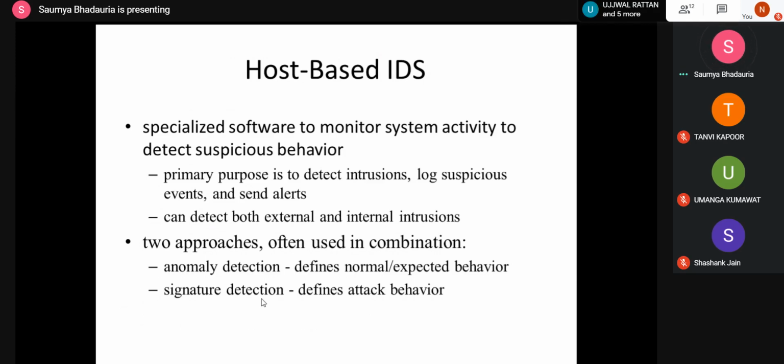Now the current behavior of the system is observed and compared with the behavior which was collected previously. If there is a deviation in the current behavior, then you would say that possibly an intrusion is happening.